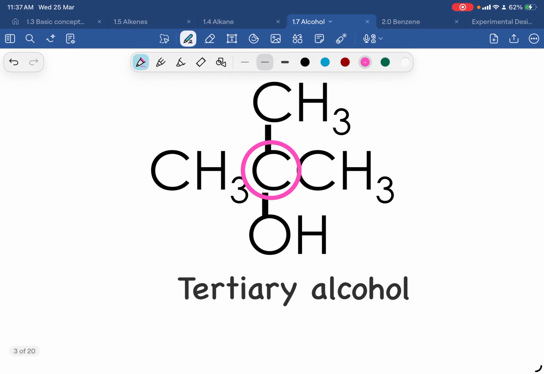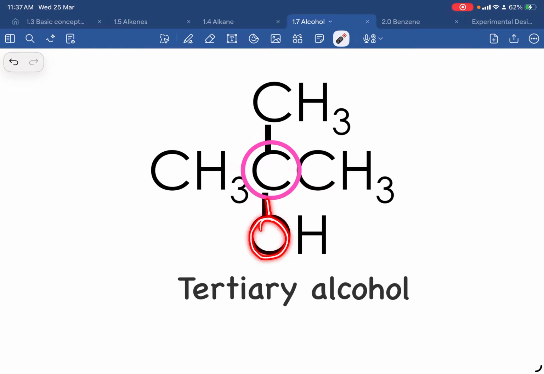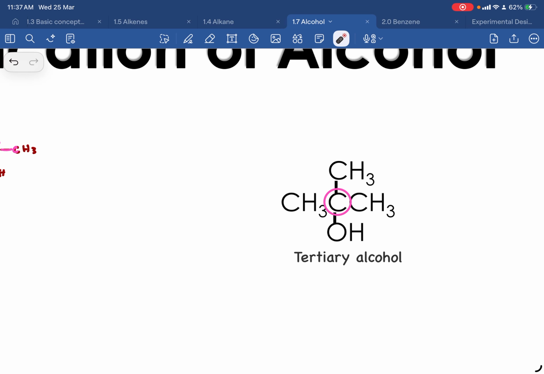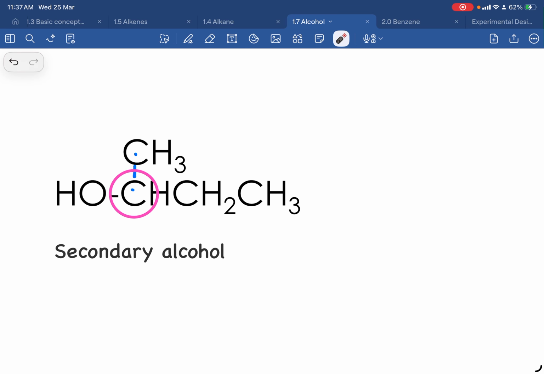Let's look at another example. This carbon is attached to another 3 carbon, 1, 2 and 3, and the fourth arm is attached to OH. So this is a tertiary alcohol. We can look back at the secondary alcohol as well. This one is also secondary because it is attached to 1 and 2 carbon.